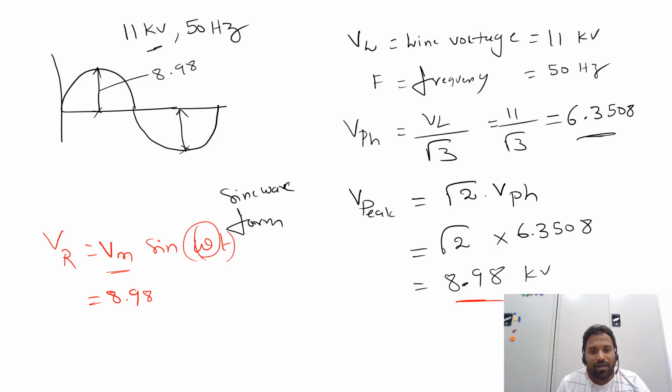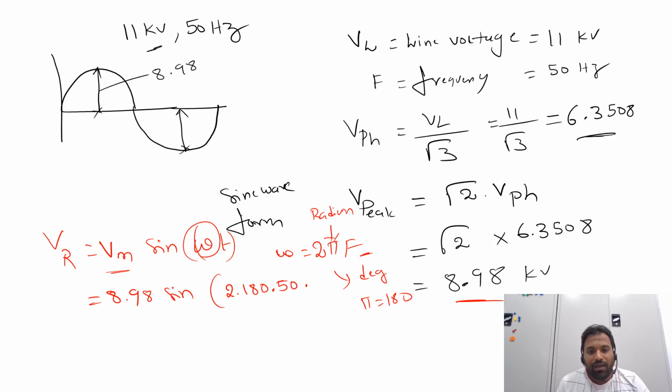What is omega? Omega, the angular frequency, is equal to 2 pi f. Pi is in radians; to convert radians to degrees, pi equals 180. f is the frequency. So substituting, omega is 2 times 180 times 50, and keep t as t. So this is the R phase.